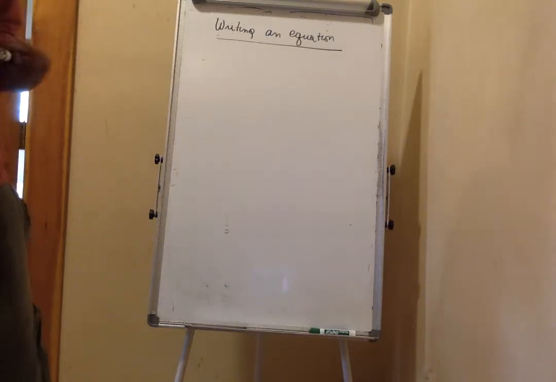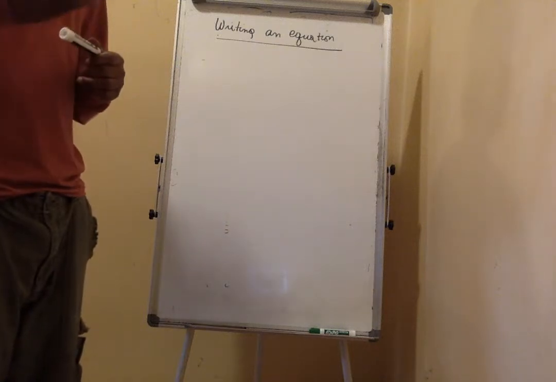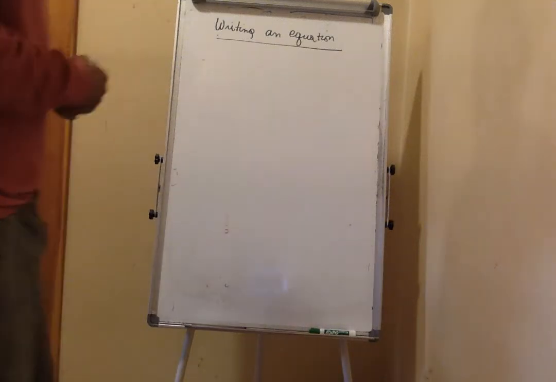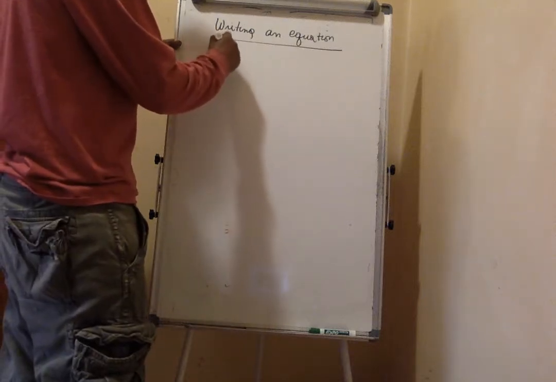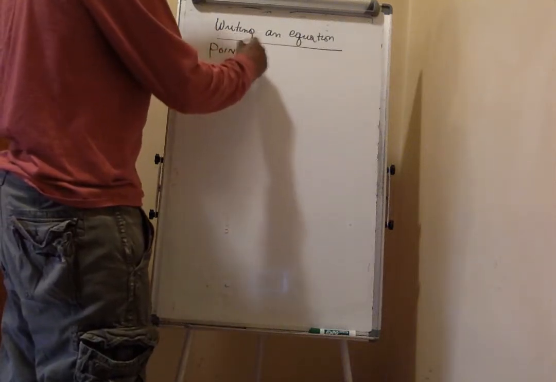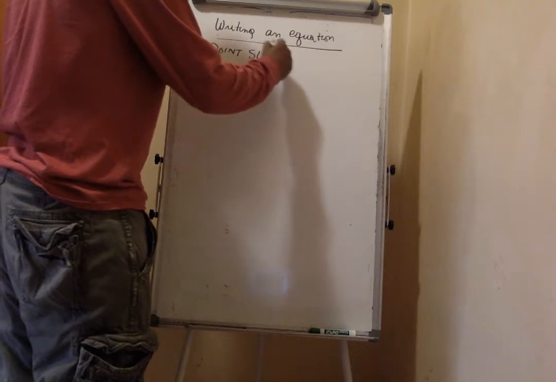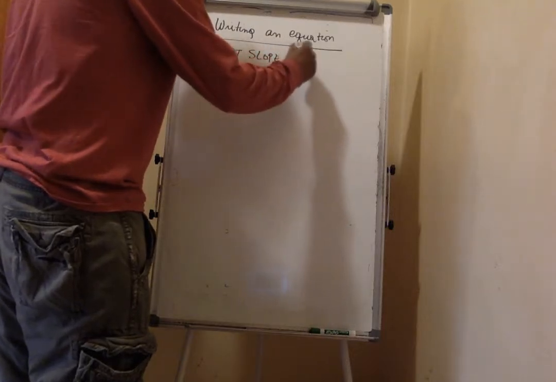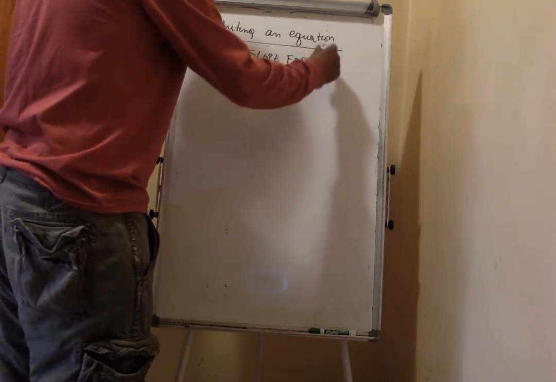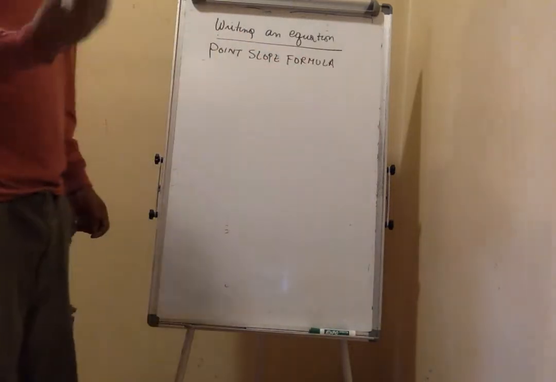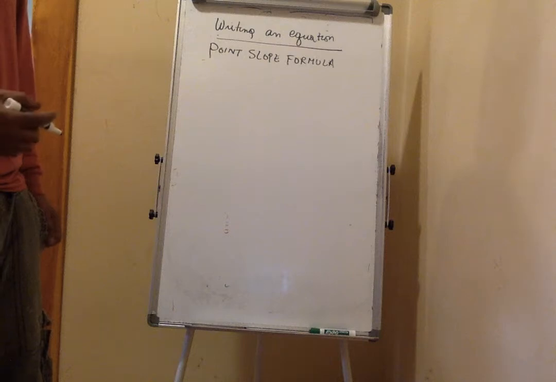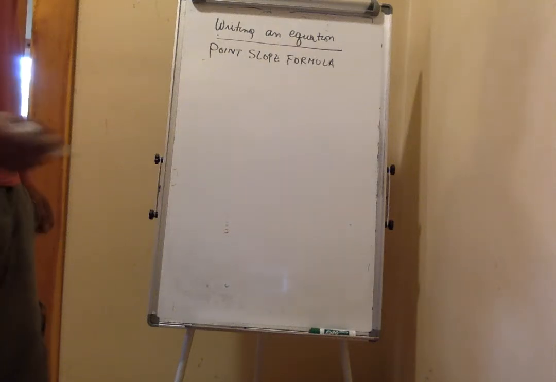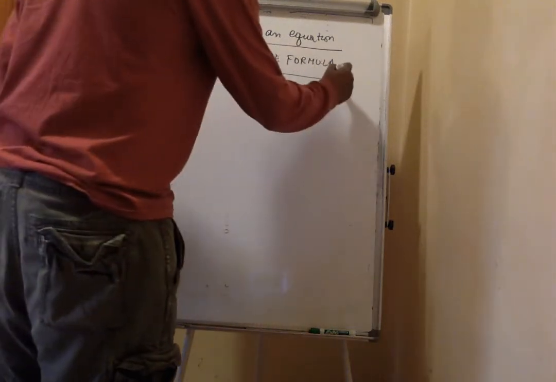In writing an equation, we are going to use one formula, which we call the point slope formula. And from the point slope formula, we can actually generate other formulas of an equation of a linear line.